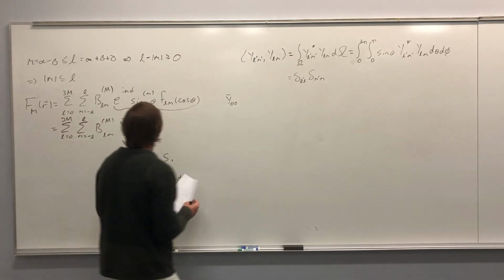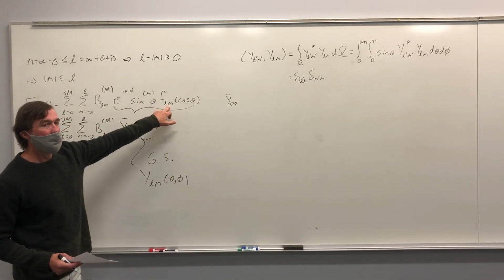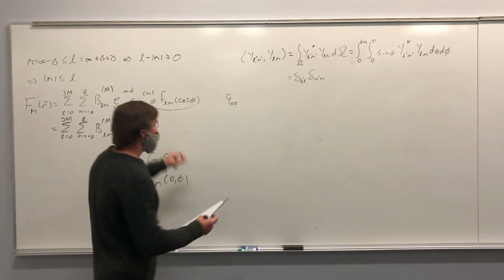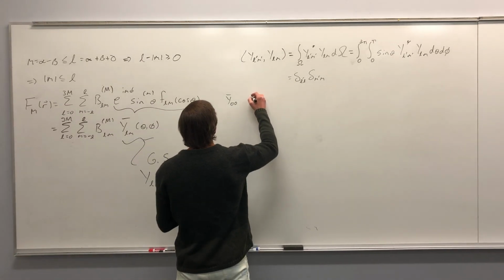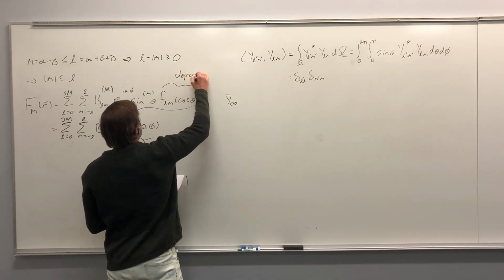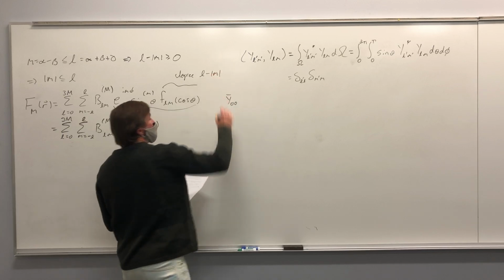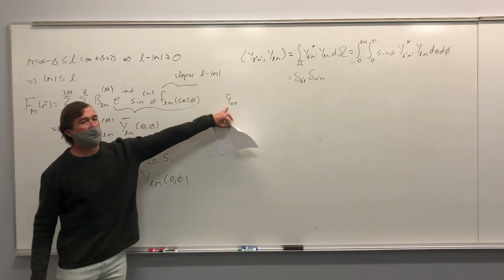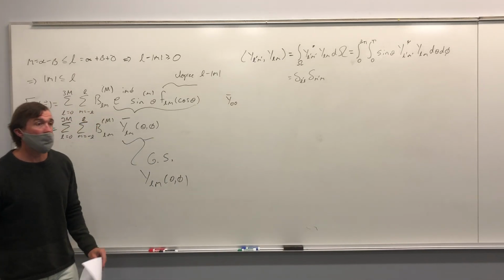So recall that this F_LM is a polynomial of degree L minus M. So what's the degree in this case? 0, okay?